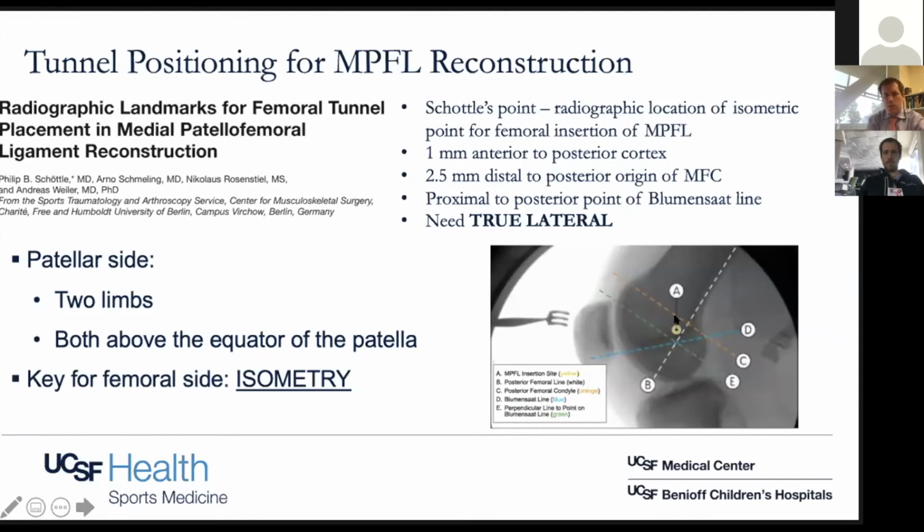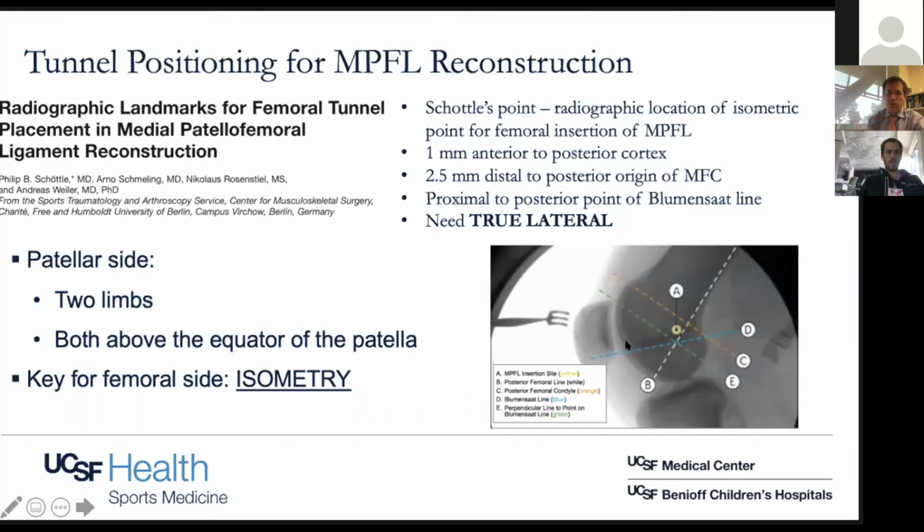And so what I'll do for an MPFL reconstruction is I will find this, first I'll try to localize just by feeling those surface anatomy landmarks, and then radiographically use this to place a pin. And then I'll have placed the graft and anchors in the patella already. I'll pass sutures down and wrap them around the pin, and then range the knee to check isometry.